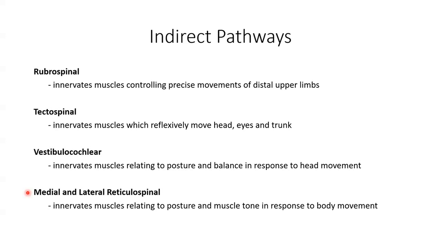And this helps maintain posture and muscle tone in response to body movements. So vestibulocochlear pathway is maintaining posture in response to head movements. Our medial and lateral reticulospinal pathway maintains posture and muscle tone in response to body movements.